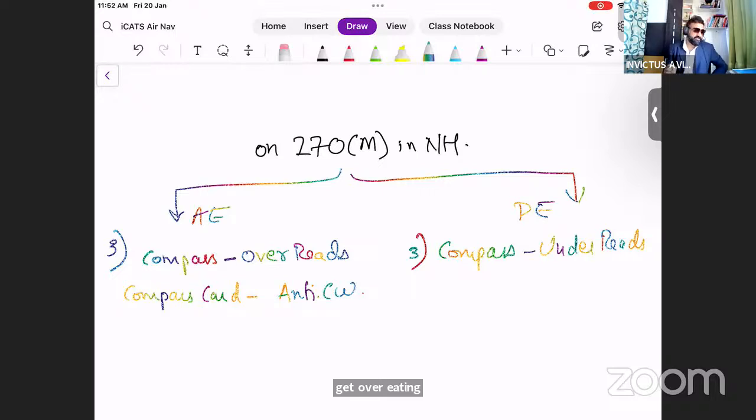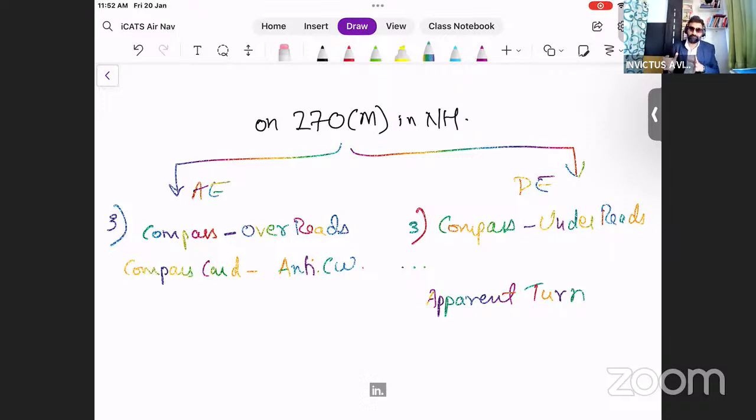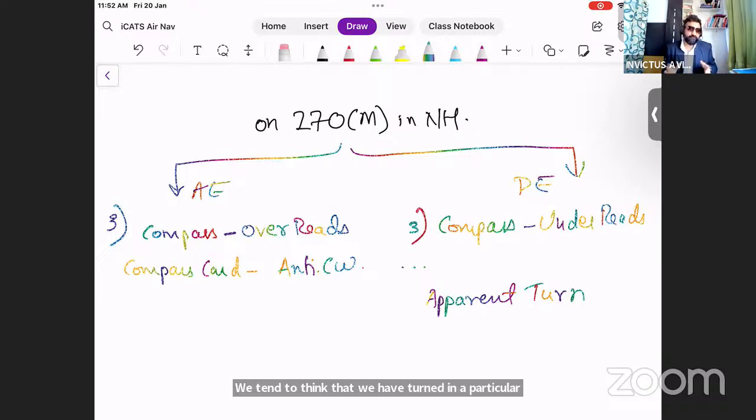With respect to deceleration error, you write a point that there is an apparent turn indication. Apparent turn as in we tend to think that we have turned in a particular direction, but we have not actually turned in that direction.